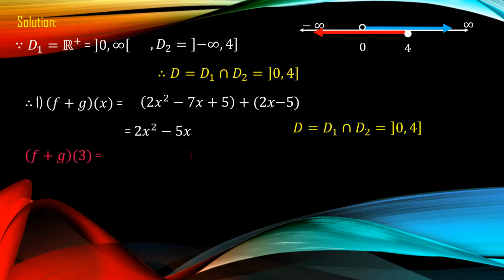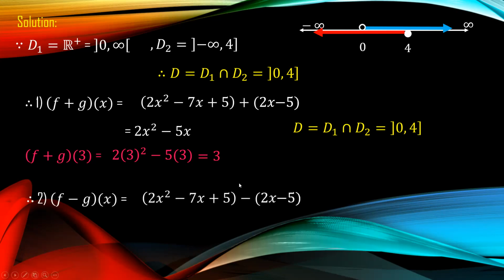f plus g of 3, 3 belongs to the domain of the function. It is equal to 2 times 3 power 2 minus 5 times 3. In the simplest form, it is equal to 3. f minus g of x equals 2x power 2 minus 7x plus 5 minus open bracket 2x minus 5.